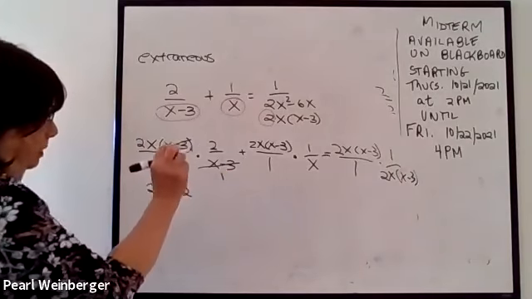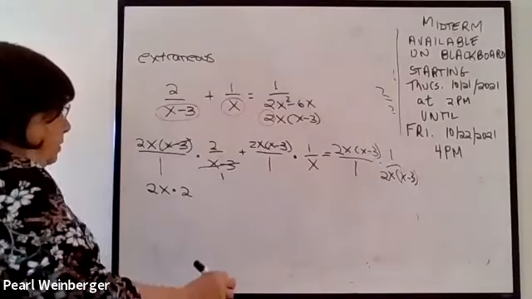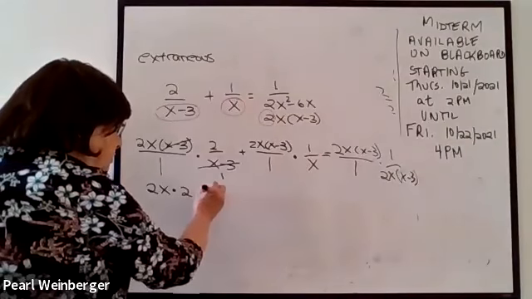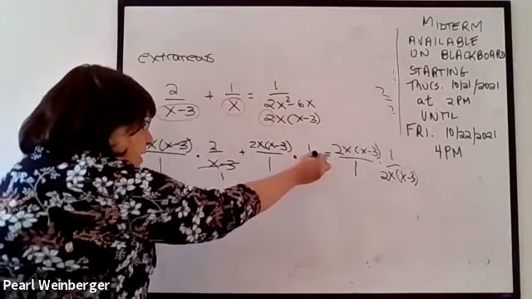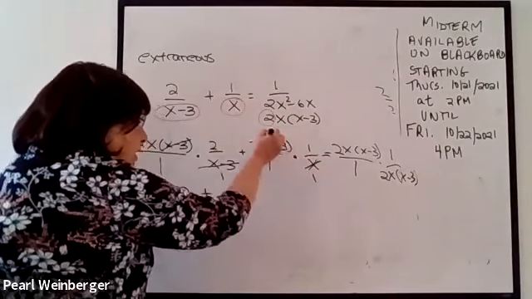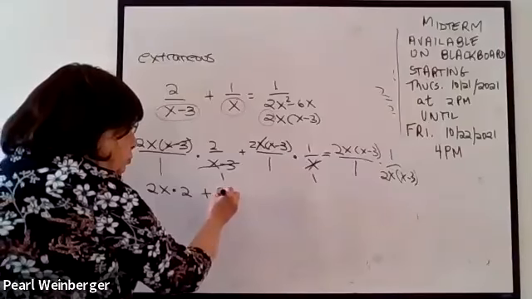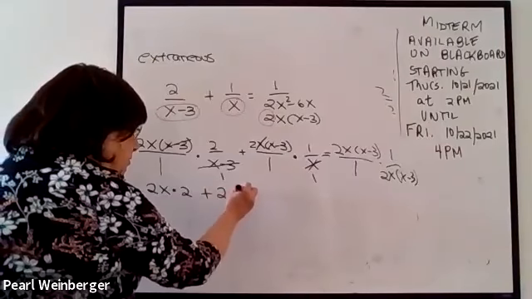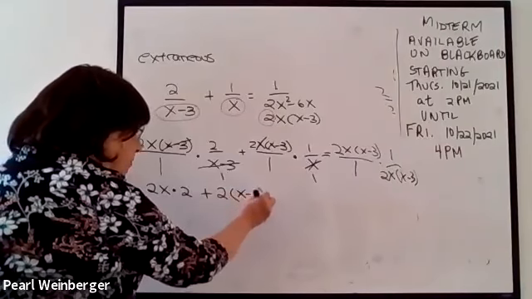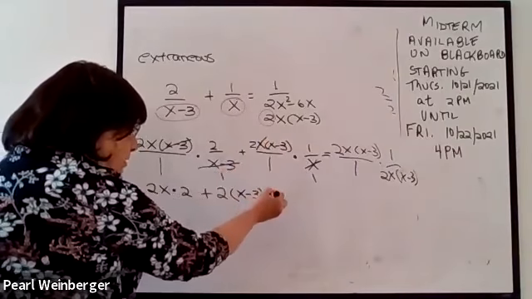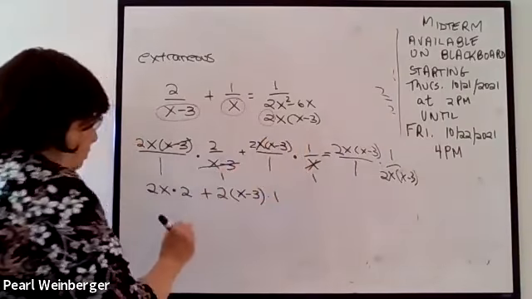I'm just writing what I'm left with. Okay, now we have a plus. And over here, the x cancels out with this 2x, and it leaves me the 2 times x minus 3. The x is gone now, times the 1. It's over here.